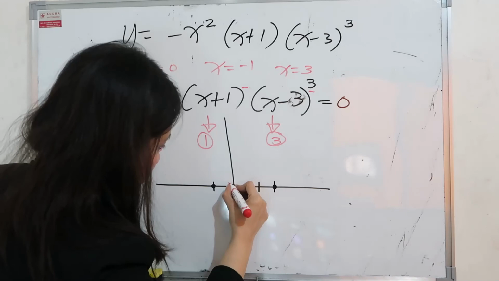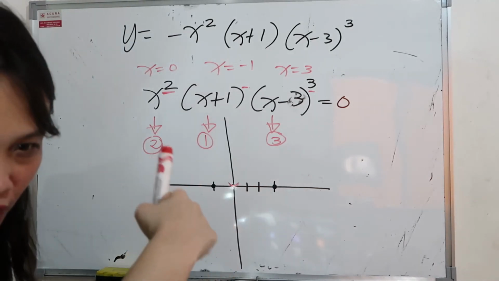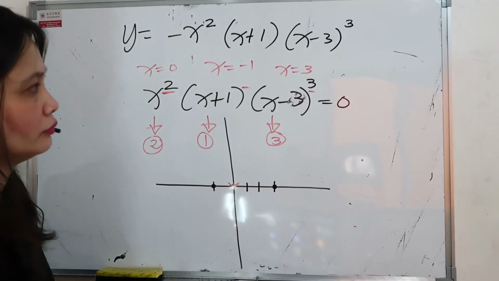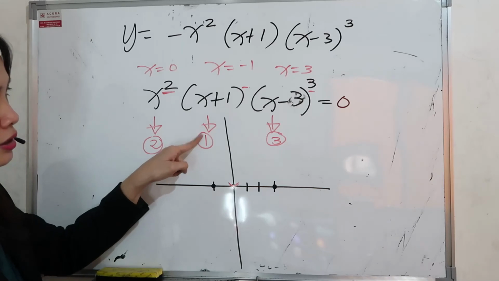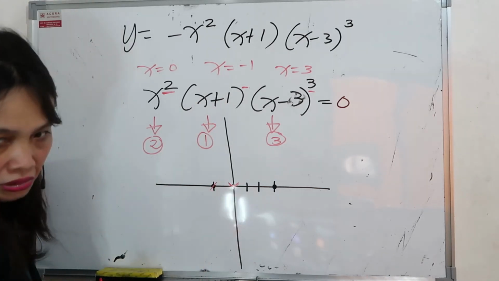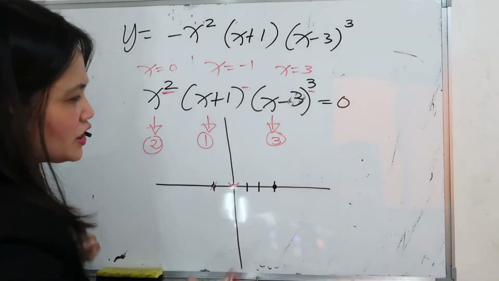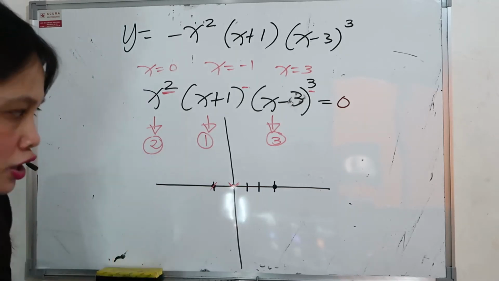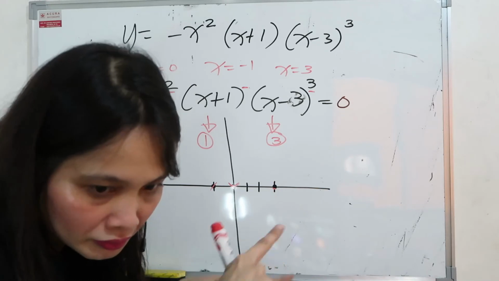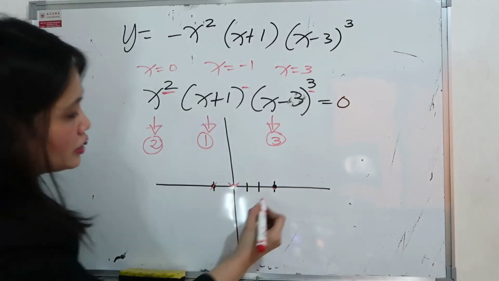Okay, bounce, like a parabola. Next, this one has multiplicity 1, so that is cross. Across the point. And this one is 3, curve, meaning it goes outside the point.